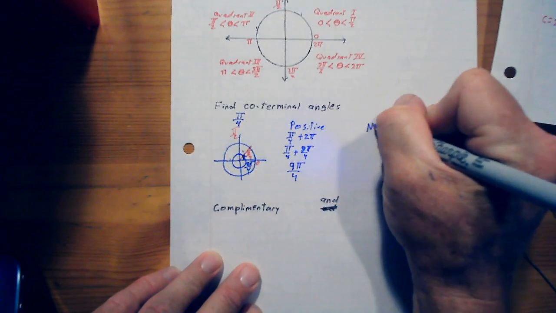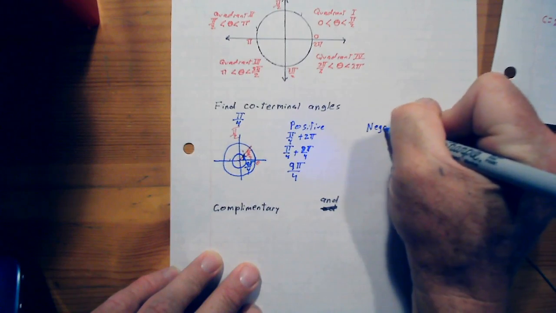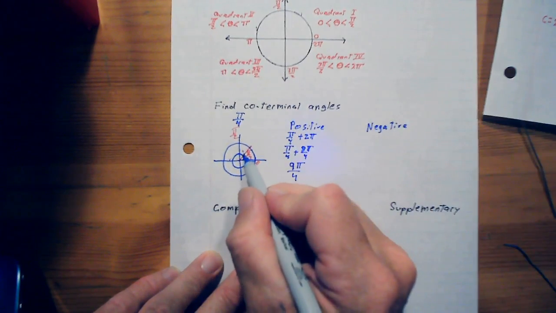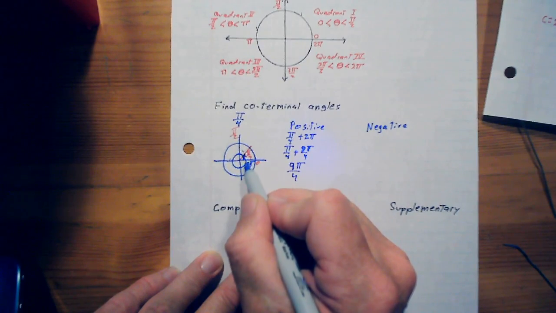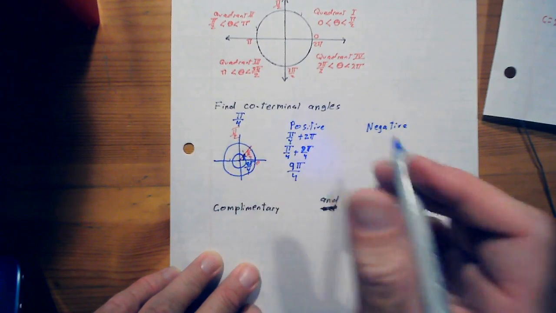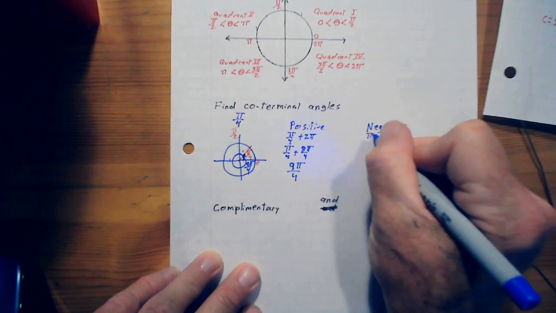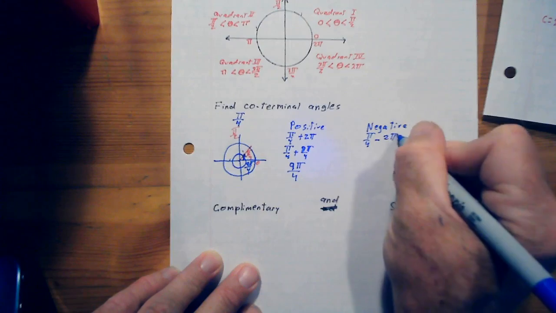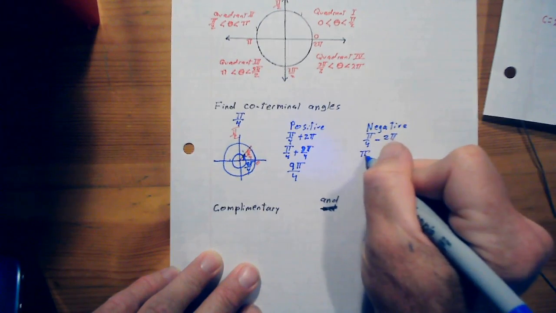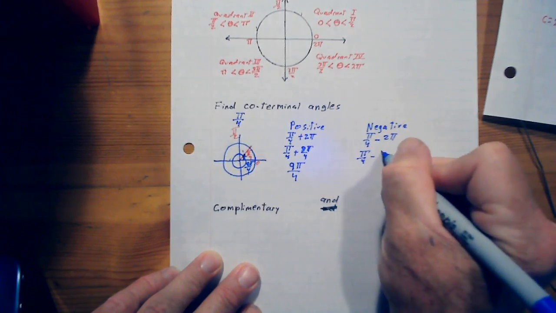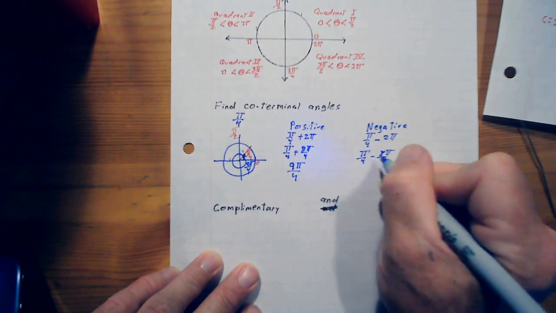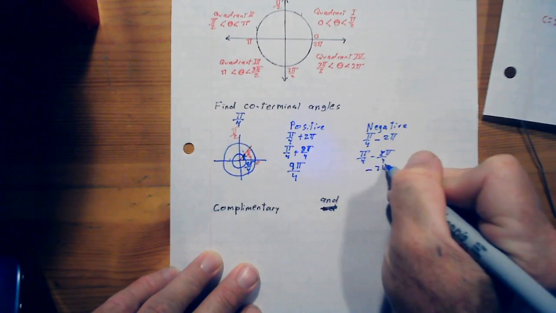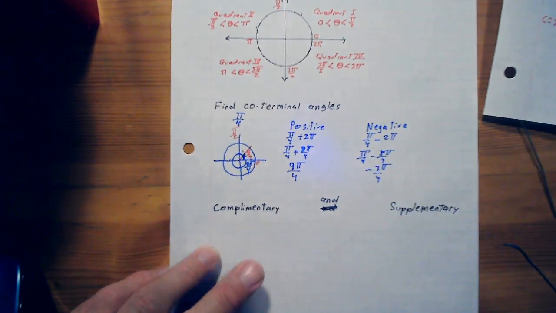But I could also go in the negative direction. And I could take this pi over 4 and subtract from it 2 pi. Pi over 4 minus 2 pi, which is pi over 4 minus 8 pi over 4. 1 pi minus 8 pi is negative 7 pi over 4.